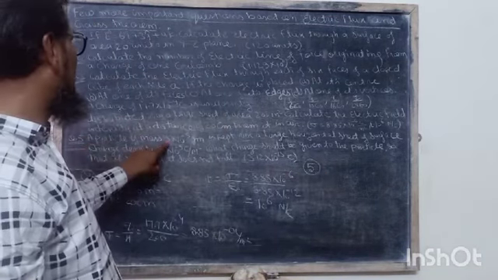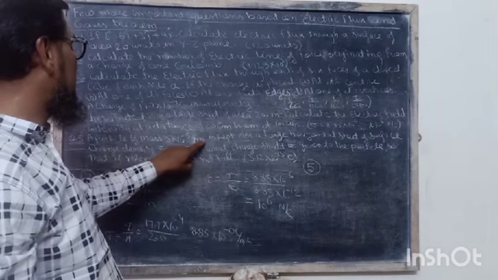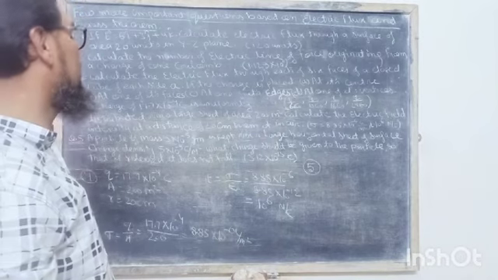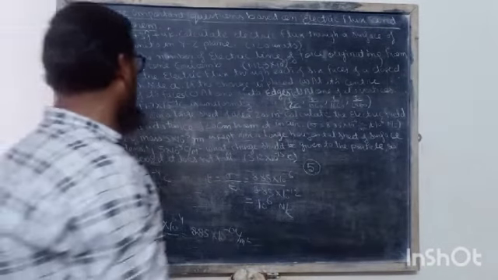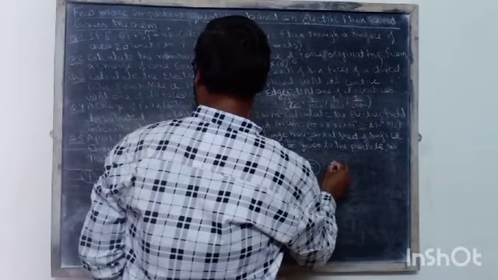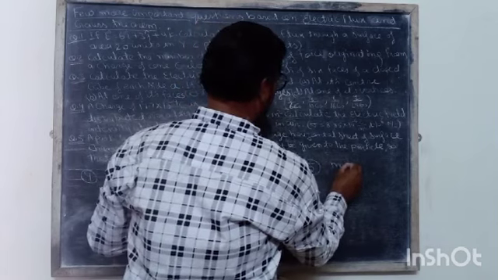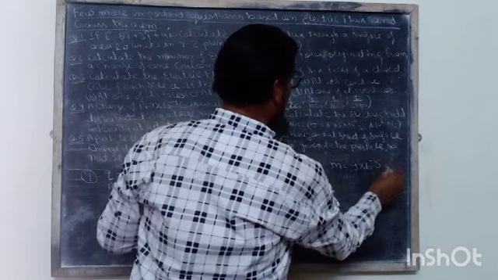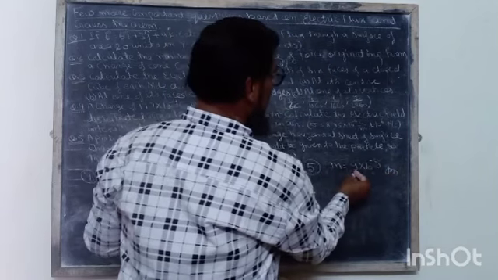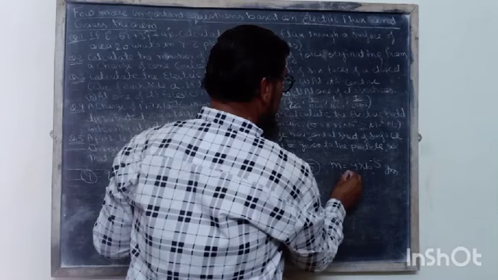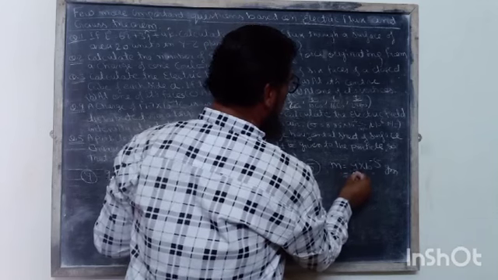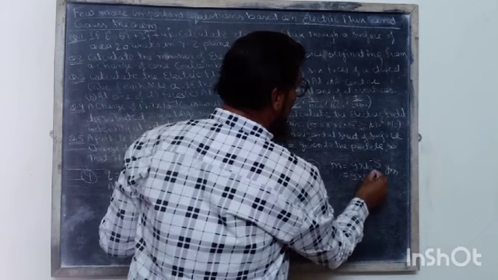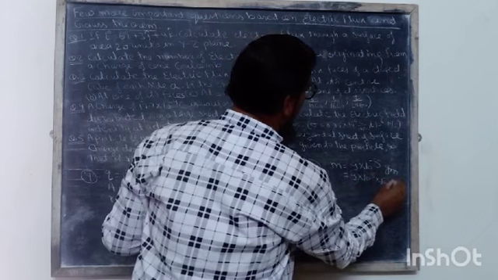A particle of mass 9 into 10 to the power minus 5 gram is kept over a large horizontal sheet of surface charge density. We shall convert the mass into kilogram: 9 into 10 raised to the power minus 5 into 10 raised to the power minus 3 kilogram.